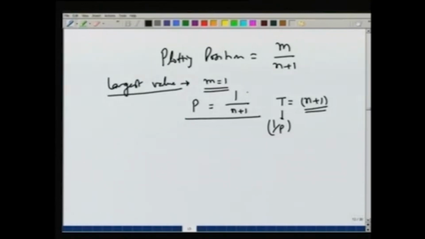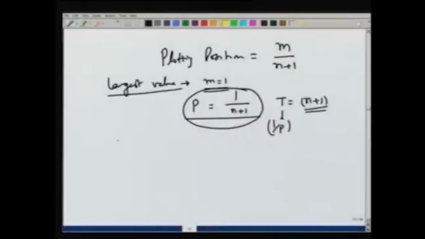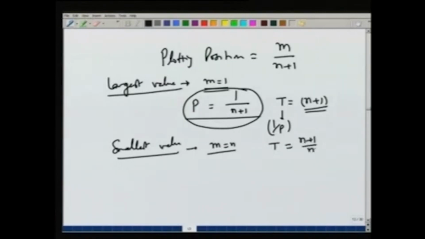So, this is the probability that the event will be equaled or exceeded in any year. The smallest value has rank m equal to n, and therefore, the return period will be n plus 1 over n. For large n, it will come very close to 1.